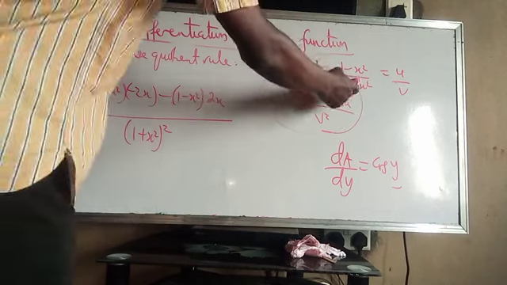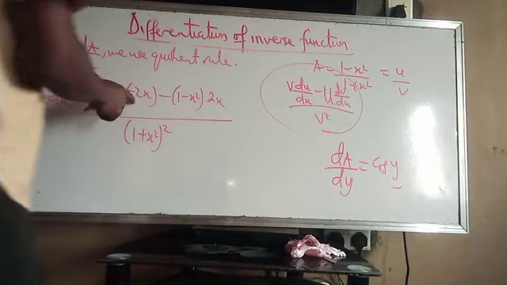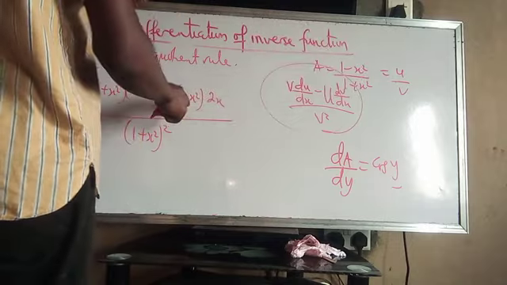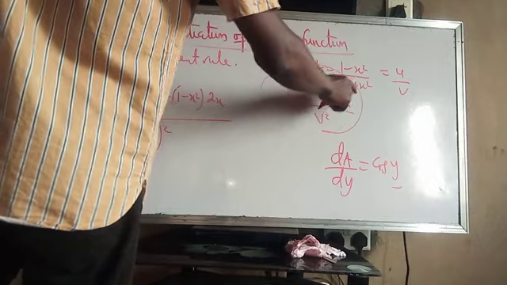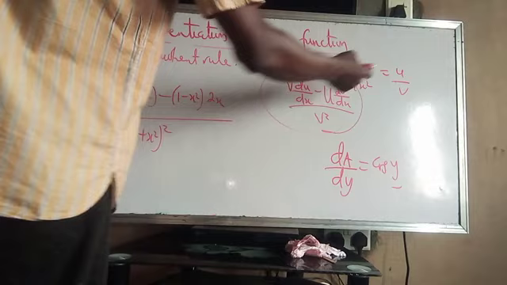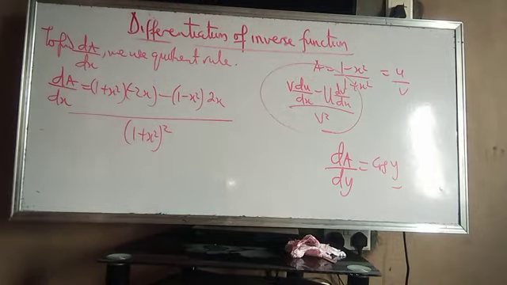And my v is this. I differentiate my u into minus 2x, then minus my u, which is 1 minus x squared. I differentiate my v, which is 0 plus 2x, all over my v squared, that's 1 plus x squared all squared.